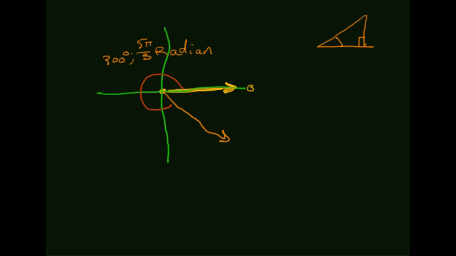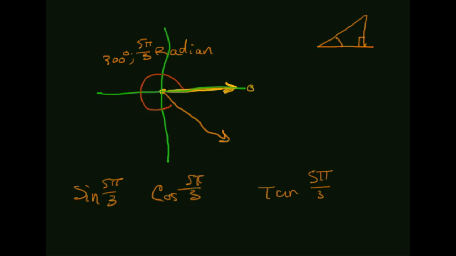But now we're introducing angle measures that can go from 0 to infinity. So what does this mean for sine, cosine, and tangent of 5 pi over 3? So the question is how do I handle this?